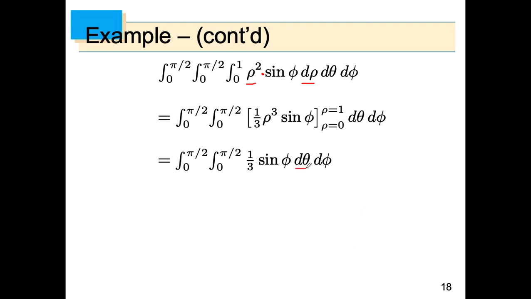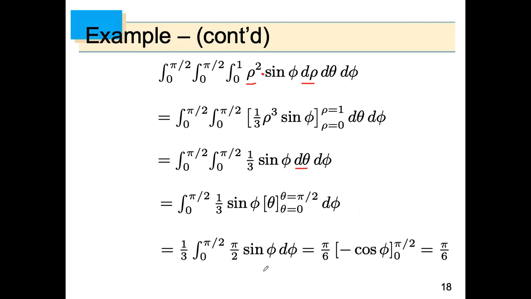The antiderivative of d theta, because there's no function in terms of theta here, is just theta from 0 to pi over 2, which just gives us pi over 2. And then finally, the antiderivative of sine phi is negative cosine phi from 0 to pi over 2. That gives us 1, or negative negative 1, so 1/3 times pi over 2 times 1 is just pi over 6.